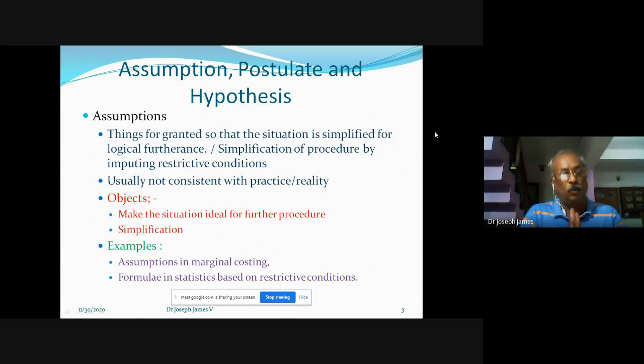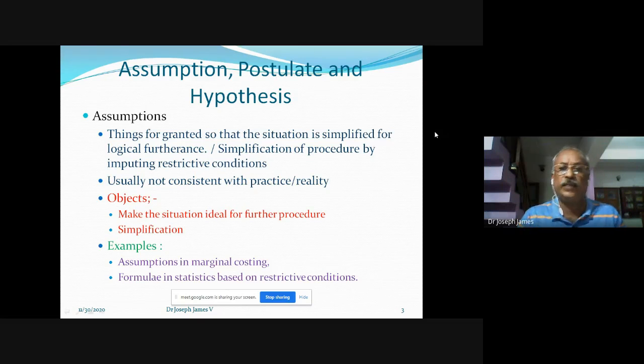Almost all the problems are affected by a multiplicity of variables, and therefore we cannot even touch on the problem. That is why we make some simplifying assumptions. These simplifying assumptions are unrealistic, and they do not have a standing in practice.